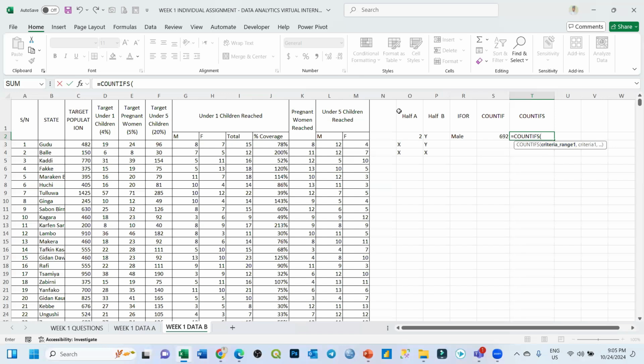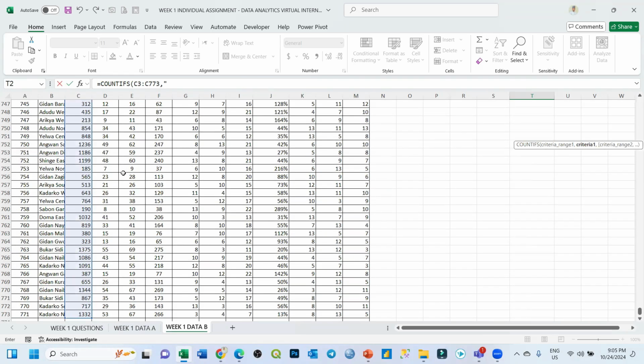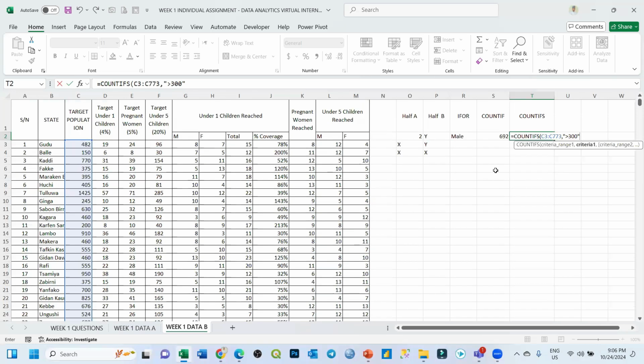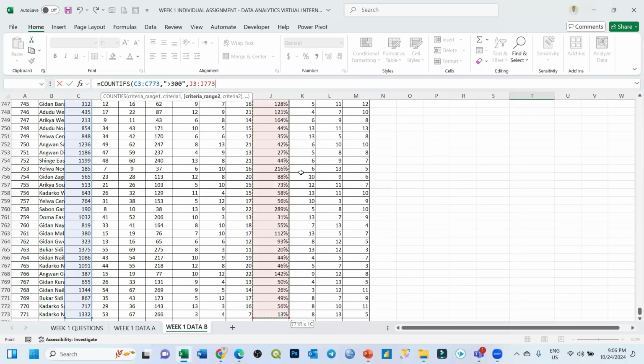So we are asking for the criteria range one, which is this target population, comma, then I put my double quote and put greater sign of 300, that is greater than 300. That's our criteria one. So we are counting this first criteria. The second thing that we are going to do is just to put comma. Then it will ask us for the criteria range two, which is what? The coverage. So I'm highlighting the entire coverage, comma. Inside this, what are we counting? Greater than 75%.